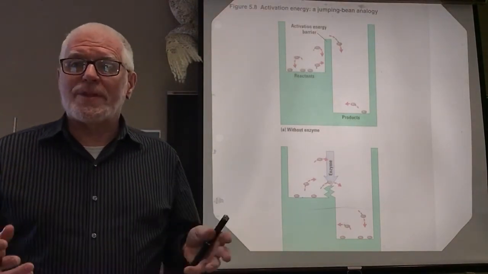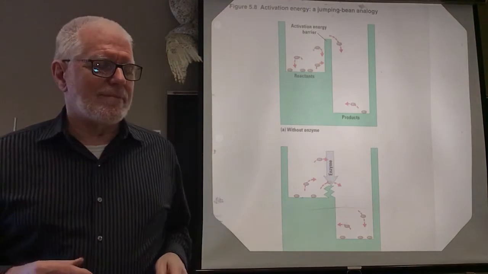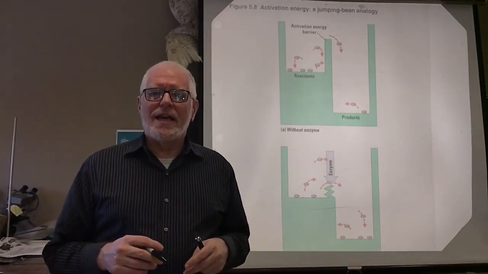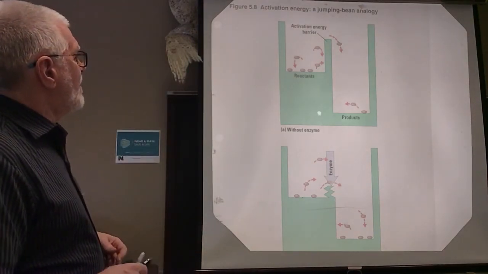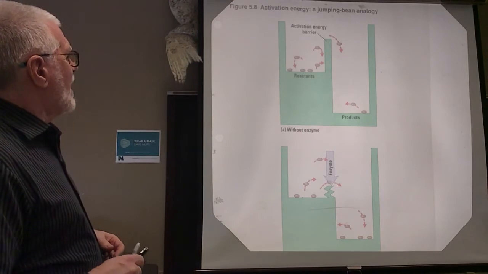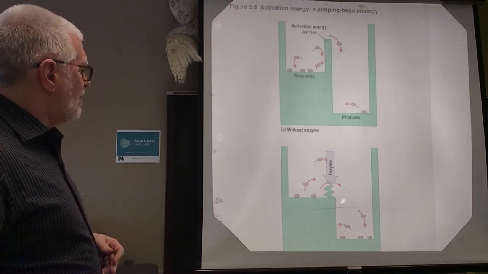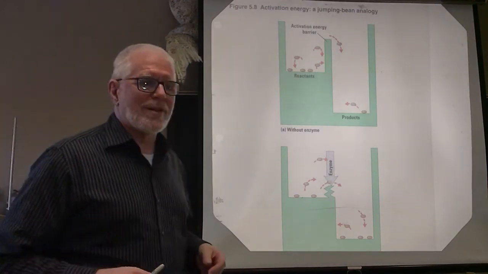So the reaction happens more often, it happens more quickly, it happens more completely, driving it toward the products. In this case, this would be a reaction where the products have less energy than the reactants did, but not enough energy is released to drive them back over the hurdle.